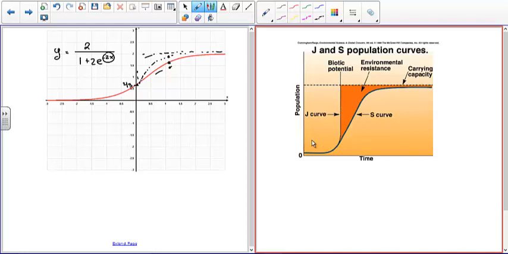The S curve is named because it looks like an S, and I guess this is called a J curve because it looks like a J. It reaches some point where you start to have environmental resistance, meaning there is not an unlimited supply of food, or there may be disease, predators, things like that. As the population increases, this resistance increases and you end up leveling out to the final value.